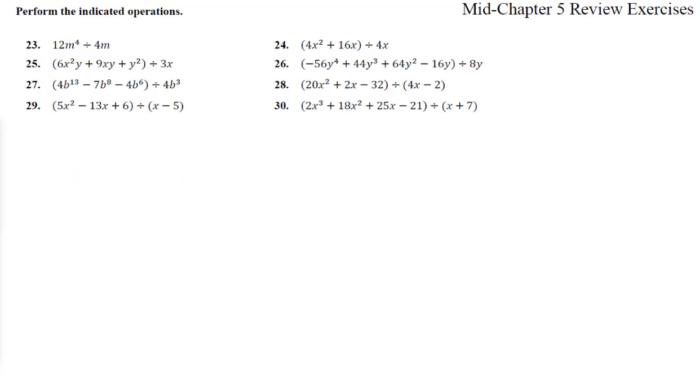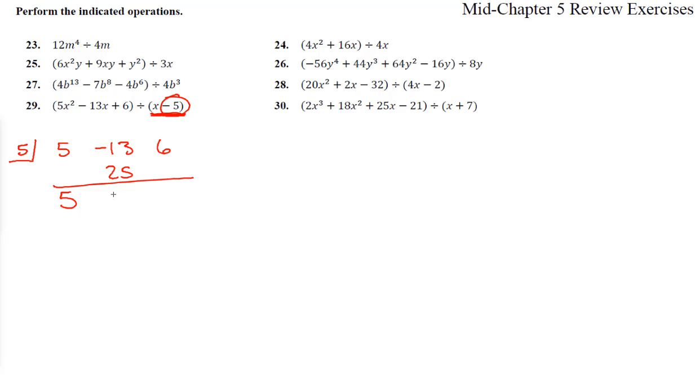Number 29, 5x squared minus 13x plus 6 divided by x minus 5. Look at this. This means we can do synthetic division. Put the opposite of negative 5 over there. That's a positive 5 in the box. Put the coefficients down. 5, negative 13, and 6. And 5 comes straight down. 5 times 5 is 25.